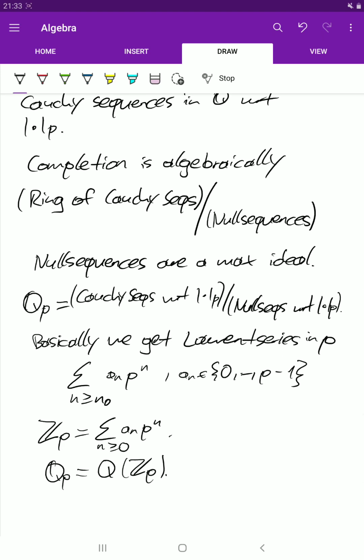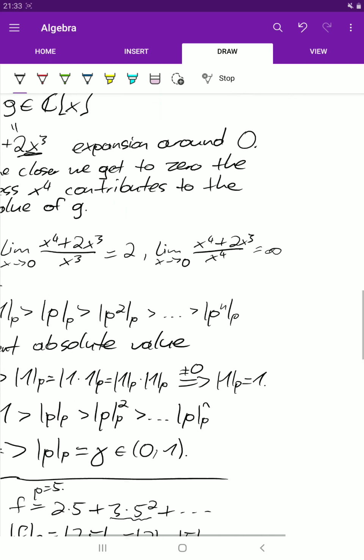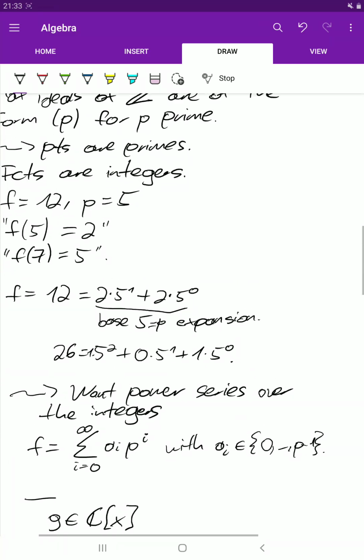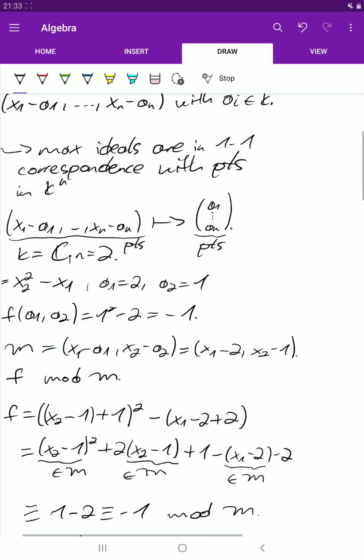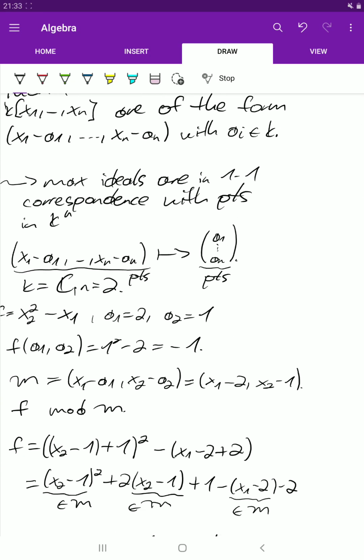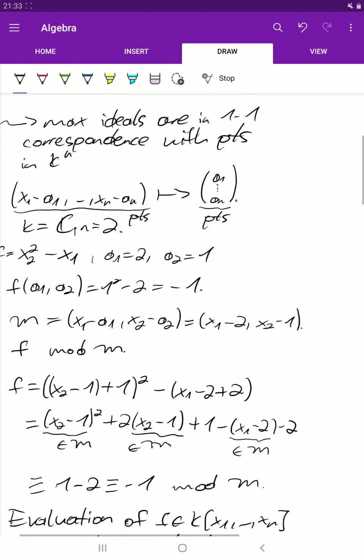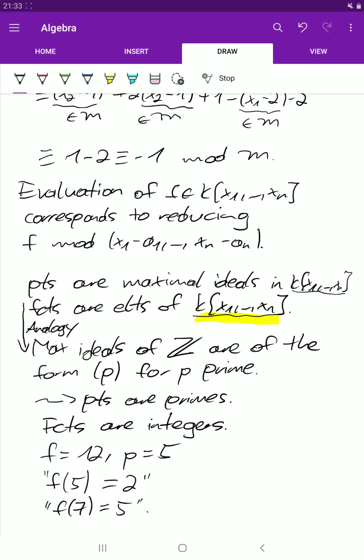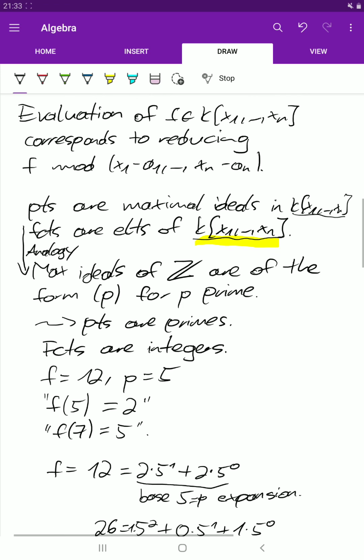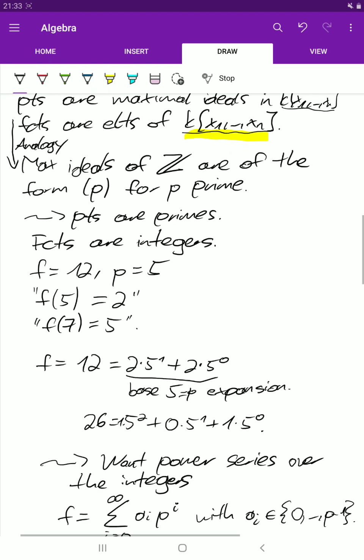Okay, so now we have seen some motivation why we want to consider these. We've actually constructed the p-adics. So let me make a short recall. We started with some algebraic geometry. We saw that maximal ideals correspond to points. We saw how we can evaluate functions by reduction modulo an ideal. Then we did the same over the integers.